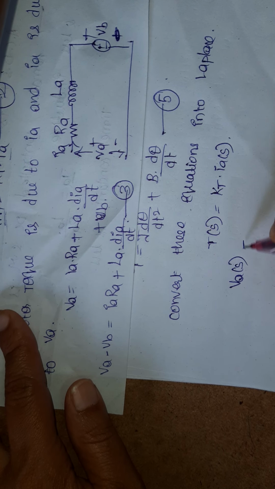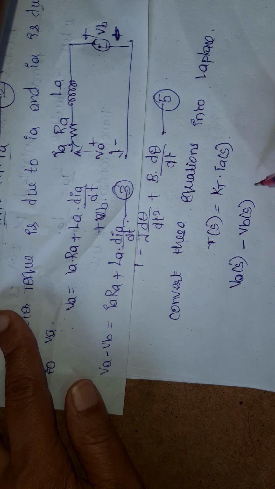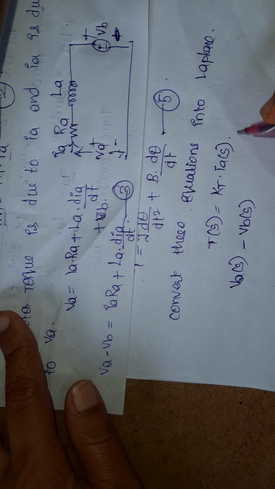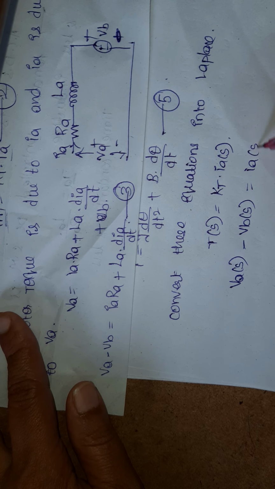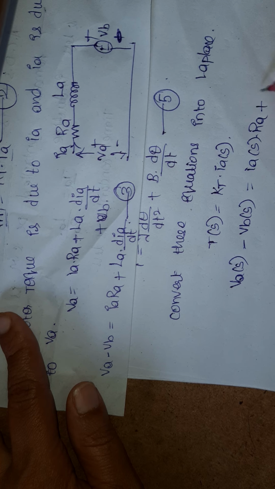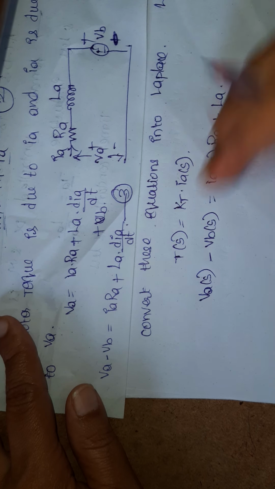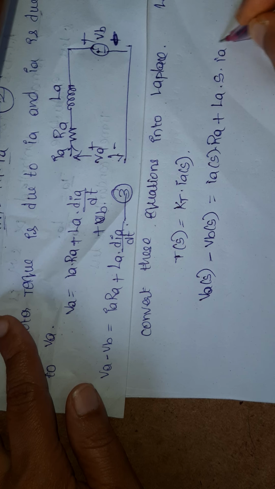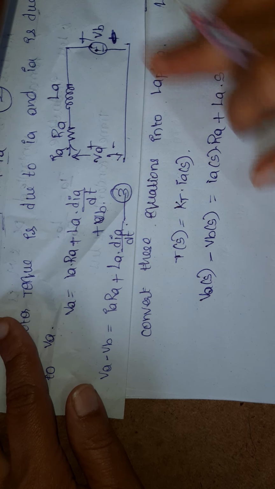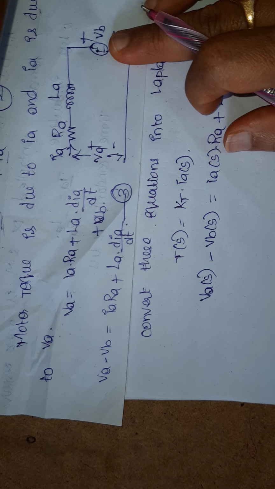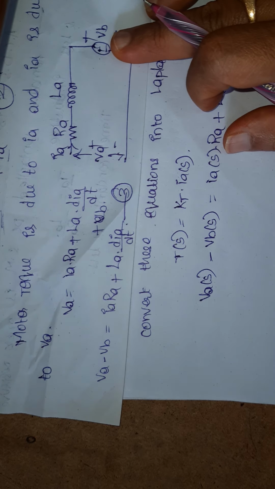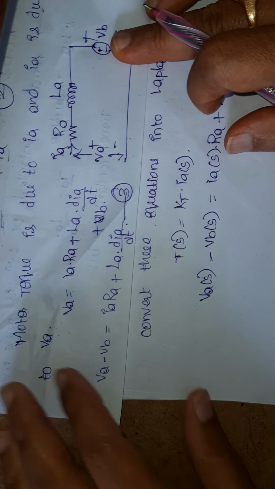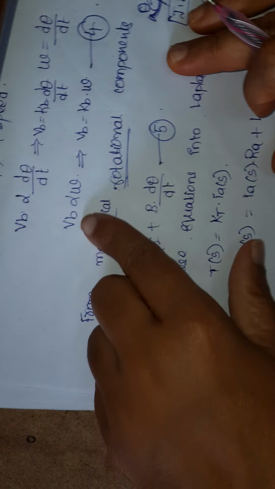Next, convert equation 3: Va of S minus Vb of S is equal to Ia of S into Ra plus La into, for the differentiation term, S into Ia of S. Next is the back EMF equation, that is this one.